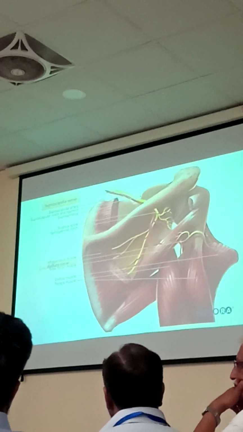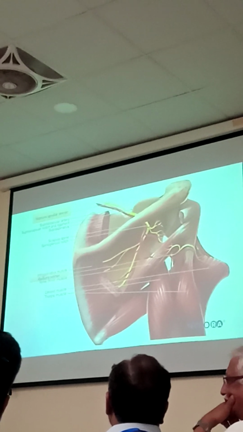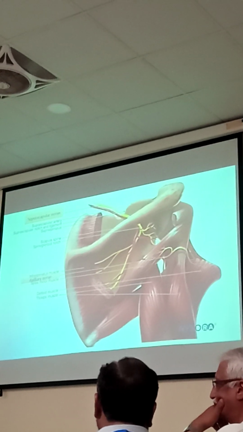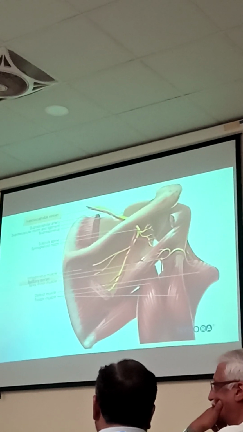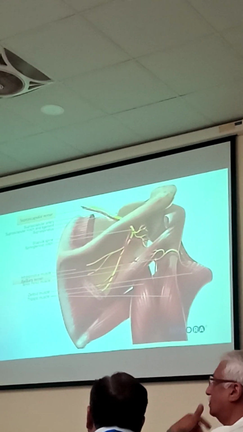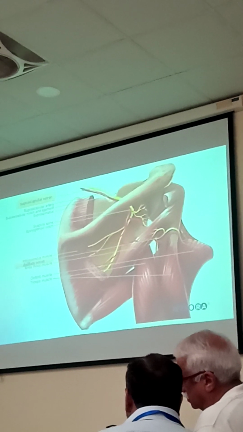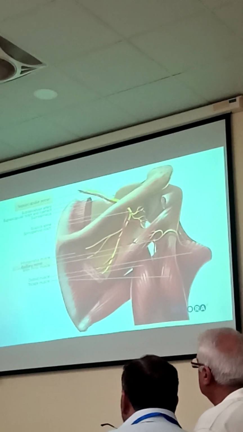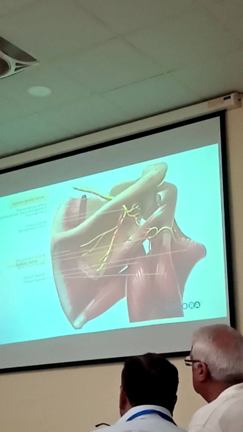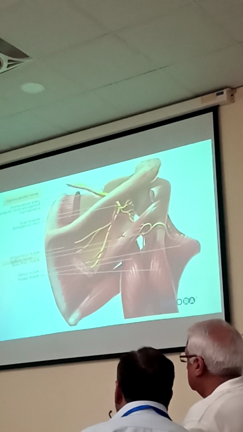Then it goes to the supraspinous fossa, supplying the supraspinatus muscle, and winds around the greater scapular notch or spinoglenoid notch, and it goes to the infraspinous fossa, where it supplies the infraspinatus muscle and also gives some twigs to the teres minor muscle.